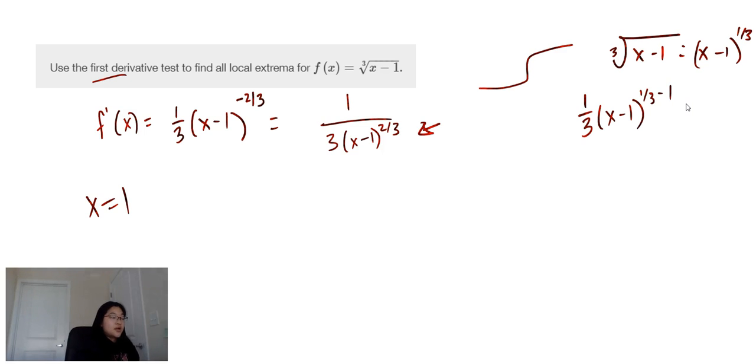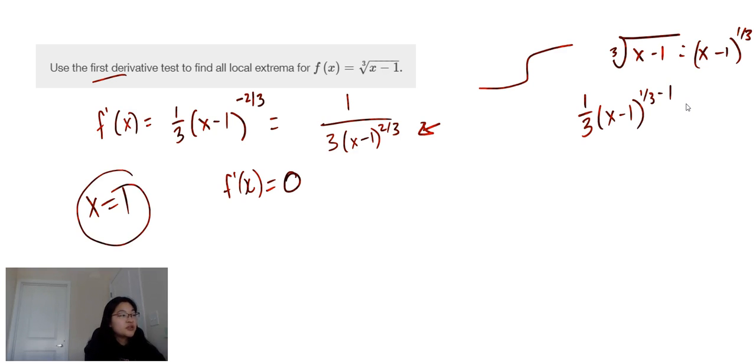When x equals 1. And when is this whole thing, f prime of x, equal to 0? Never. All right, so our critical value is x equals 1. So we need to classify x equals 1. What kind of extrema is it, if an extrema?